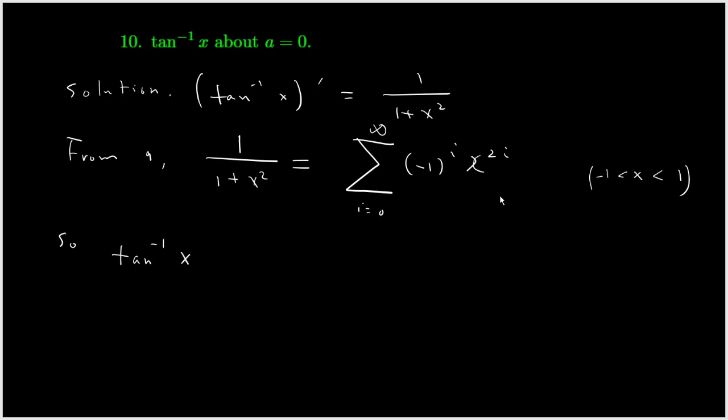Maybe I'm going to write one more sentence to show you what's going on. Integrate the above equation. On the left you have the antiderivative of inverse tan of x.